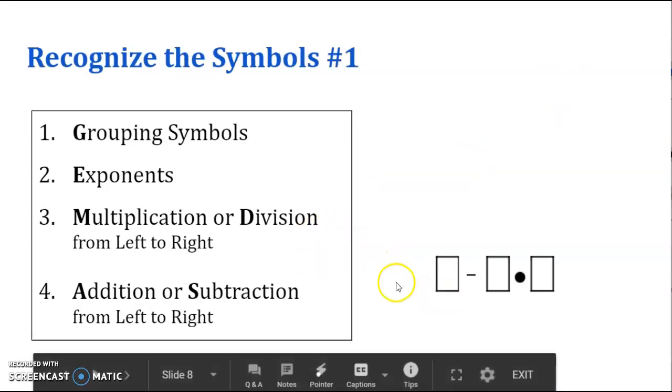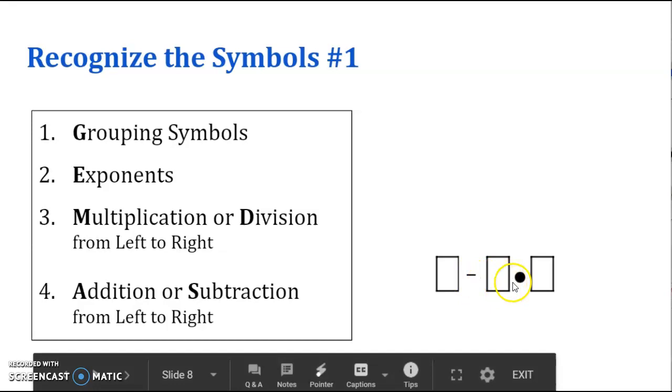If you have an expression like this, the rectangle represents some unknown number. It does not really matter what the number is, okay? So you have a number, subtract, a number, and what's this symbol? It's multiplication, right? By some number. So you have a subtraction operation and a multiplication operation.